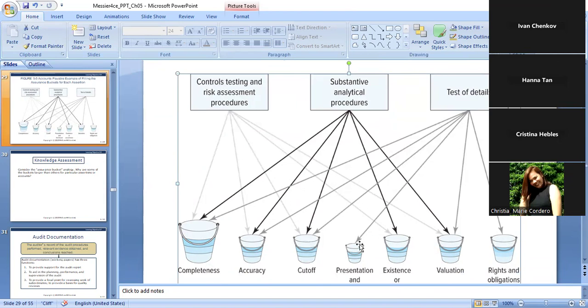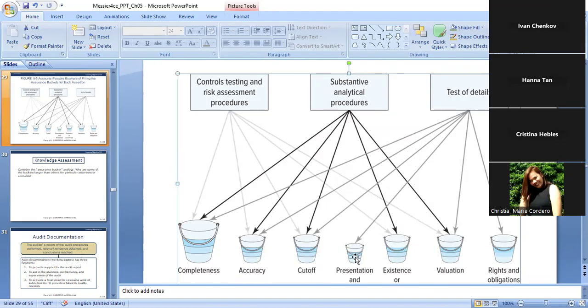Presentation, the actual presentation, we can only test it from the details. Why? Because we already tested transactions, the completeness, the accuracy, the cutoff, the existence, and valuation. We already test those ones.